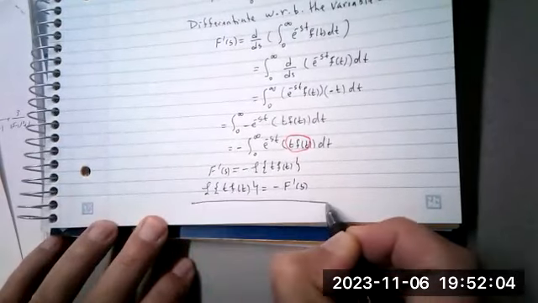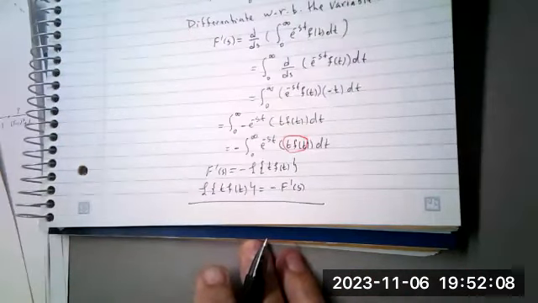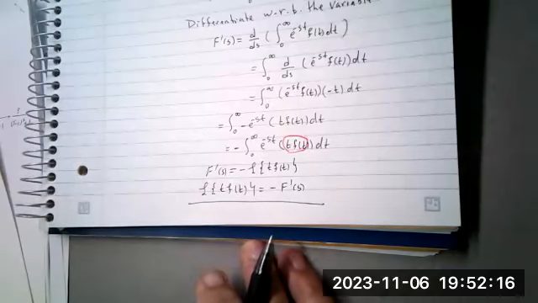You see, nice formula. So this means if you have the Laplace of sine t and you want to find the Laplace of t sine t, the Laplace of sine t is 1 over s squared plus 1. You differentiate 1 over s squared plus 1, and you get the Laplace of t sine t.